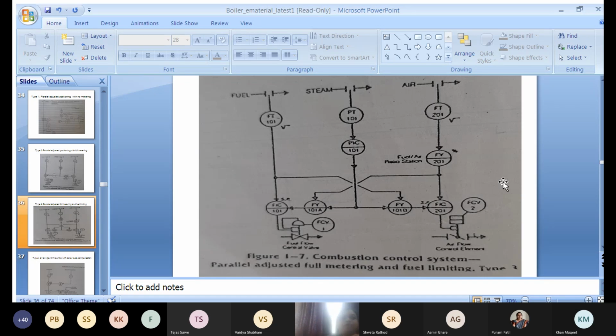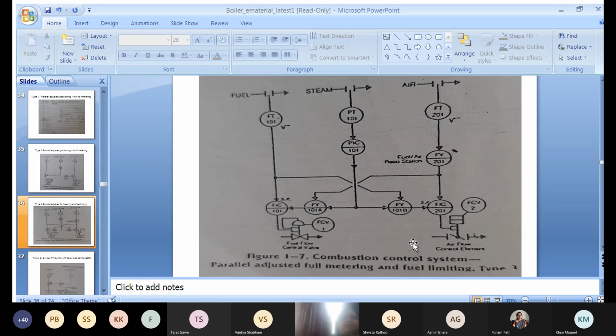Why? Because we want to limit the fuel. We want to limit the fuel for efficiency purposes. We want to limit the fuel for safety purposes. If the demand is less, supply is less, and the pressure inside the boiler drum is very high, and suppose this fuel and air flow is still continually given to the combustion chamber, what will happen?